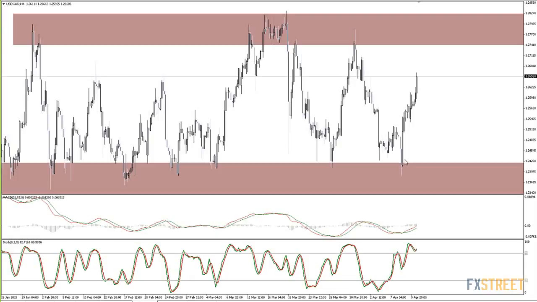I bought right there, guys. Oh, that's my red zone. A bouncing cable from the weekly pivot point was a possibility, sure. It's not a target. I'm just saying it's a supportive pivot point.